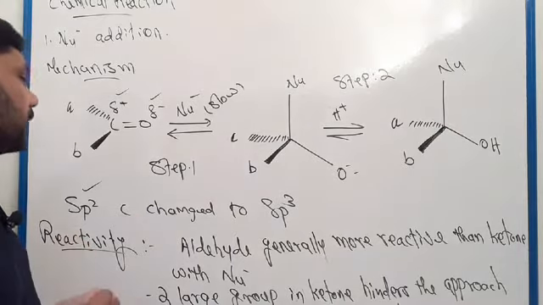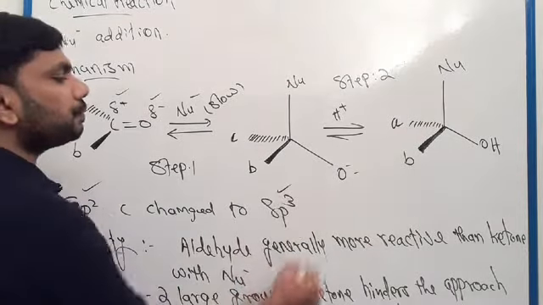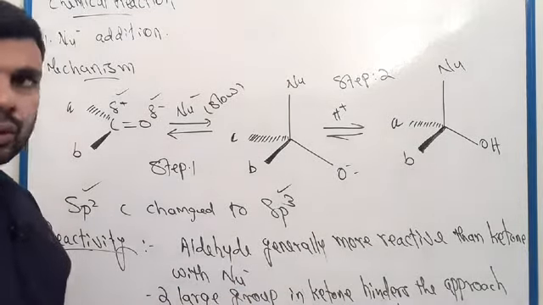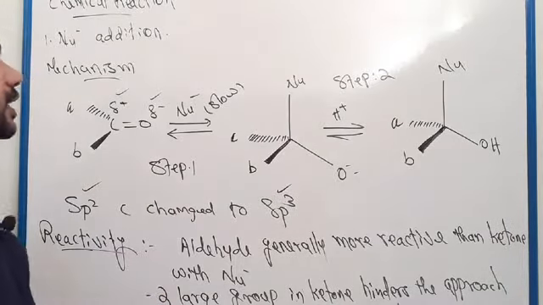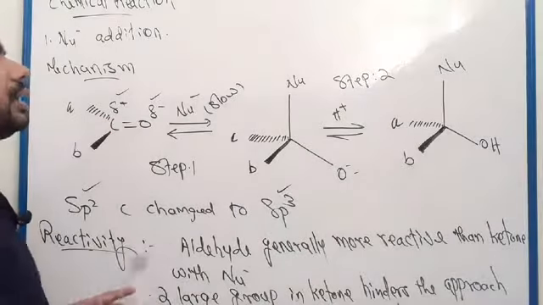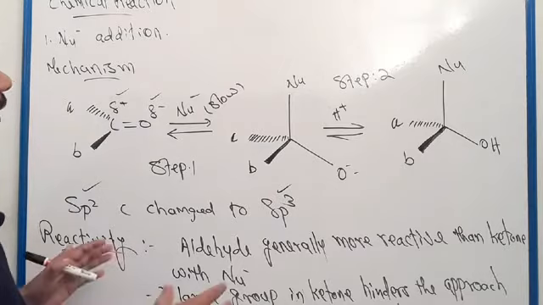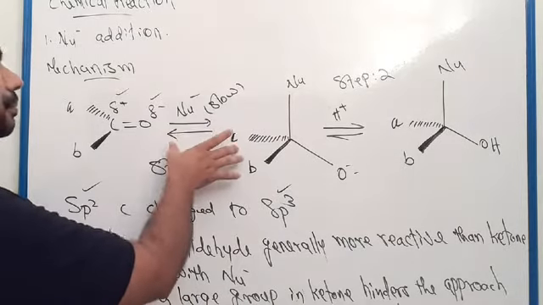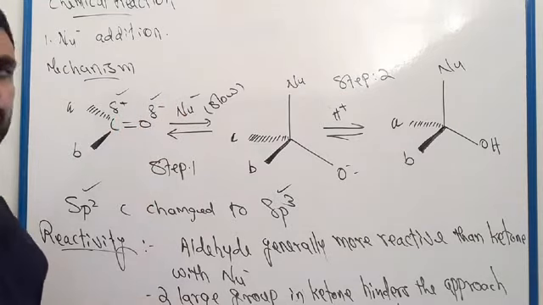After nucleophilic addition, the sp2 hybridized carbon changes to sp3 hybridization and we get a tetrahedral structure. The first step is the slowest step and the rate determining step.